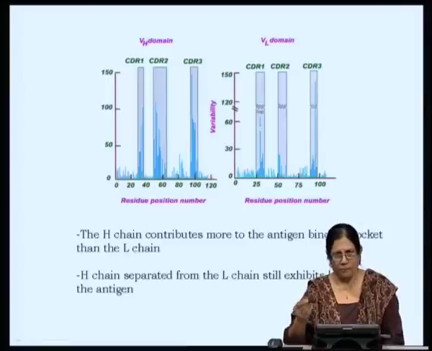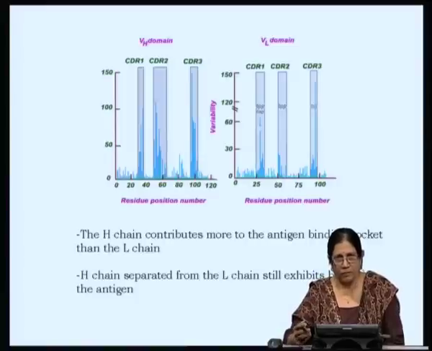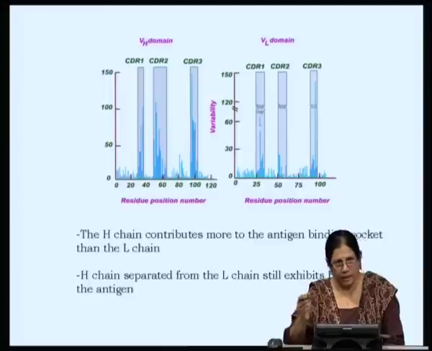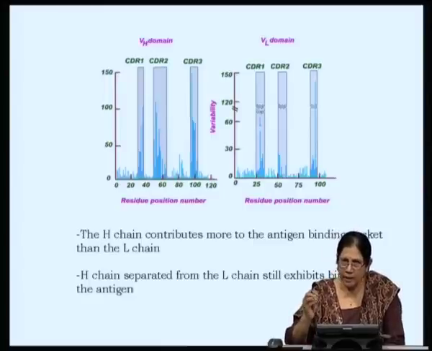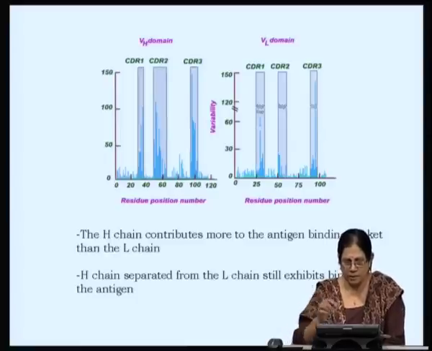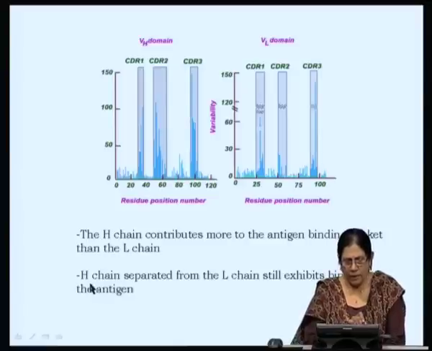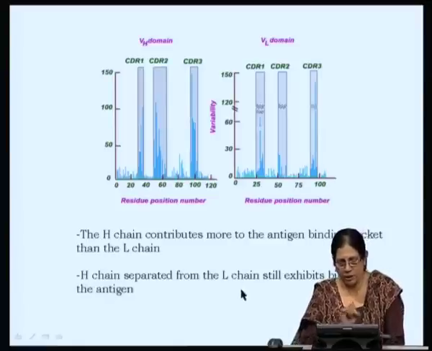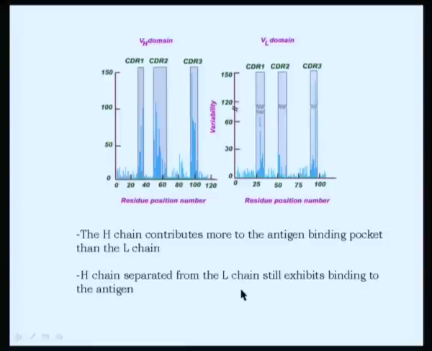Now, people have done various experiments even at the protein level, trying to see whether, when you separate the heavy and the light chains, they are still capable of binding the antigen. In about 95% of cases, when the heavy chain is separated from the light chain by simple reduction of the disulfide bond, the heavy chain can still bind the antigen, whereas the light chain almost cannot.